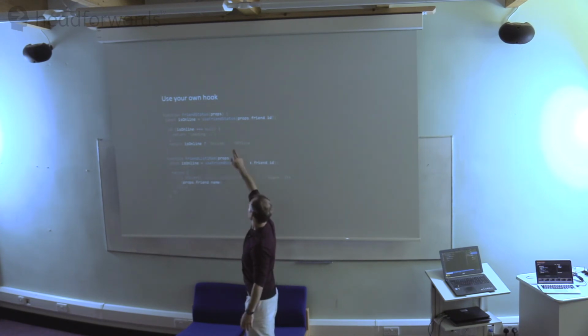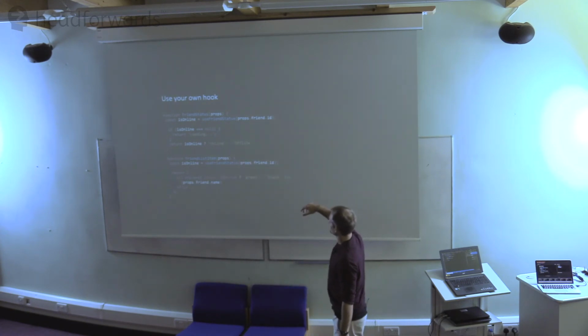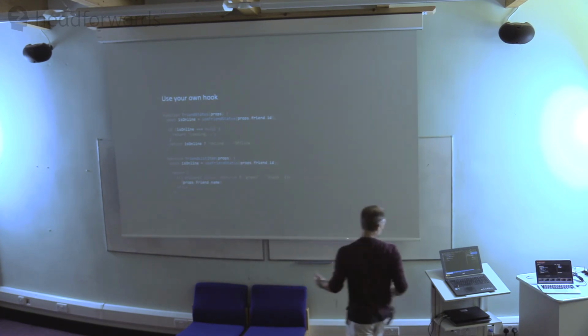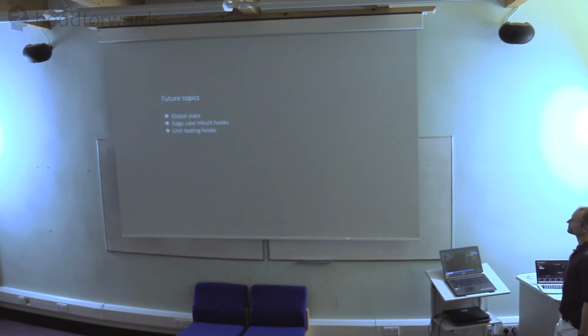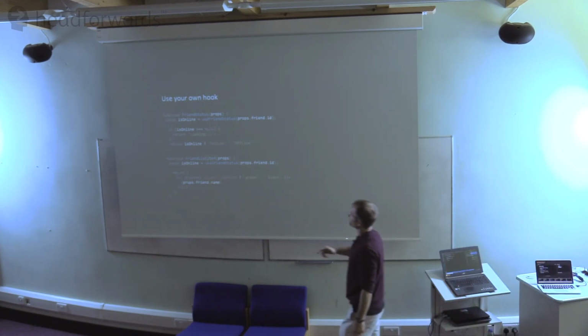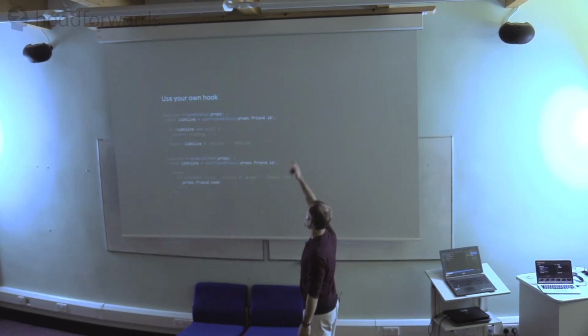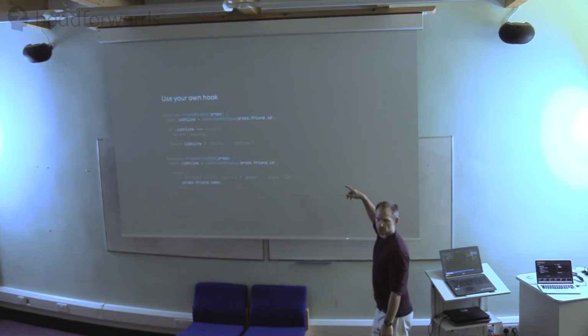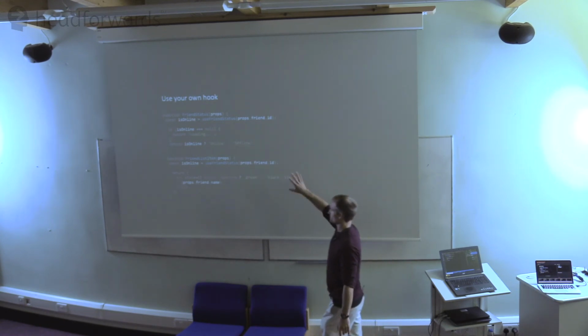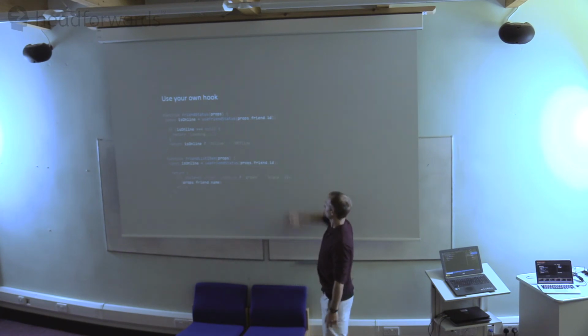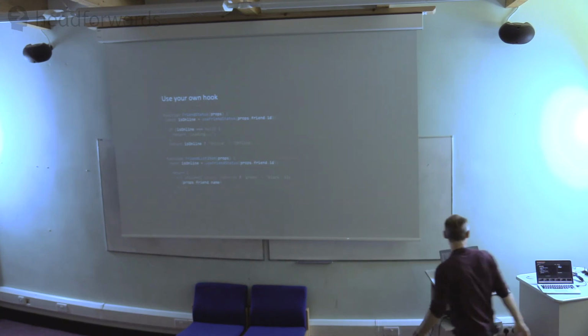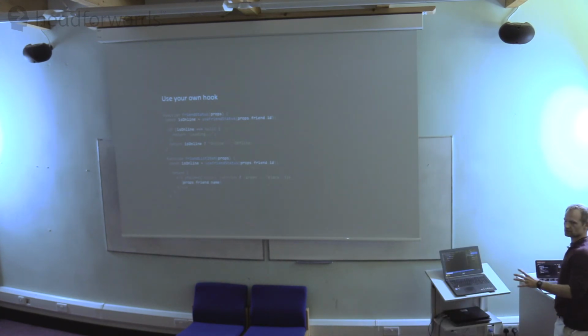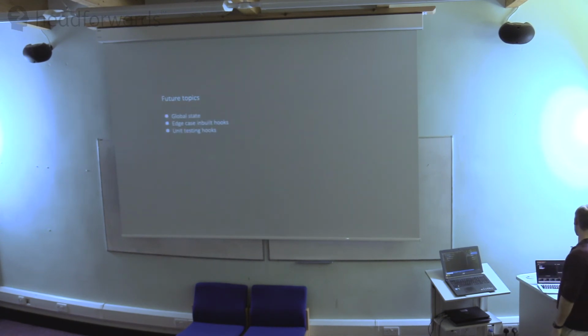They both pull in the same hook, and it's significantly shortened the code, because that logic was previously inside each component, whereas now you've just got one call to use the hook that you wrote. You provide it an ID, it subscribes to that ID and gets back whether it's online or offline, and then does things slightly differently depending on the component: displays online or offline, or colors it green or black. It's a simple example, but it shows you that you can use your own hooks and use other hooks inside them, which is the main thing I want to get across.